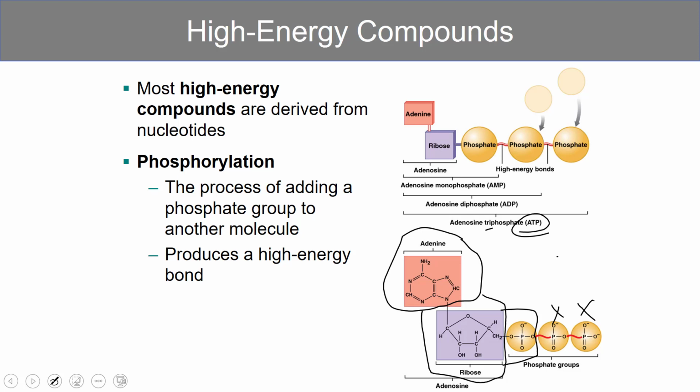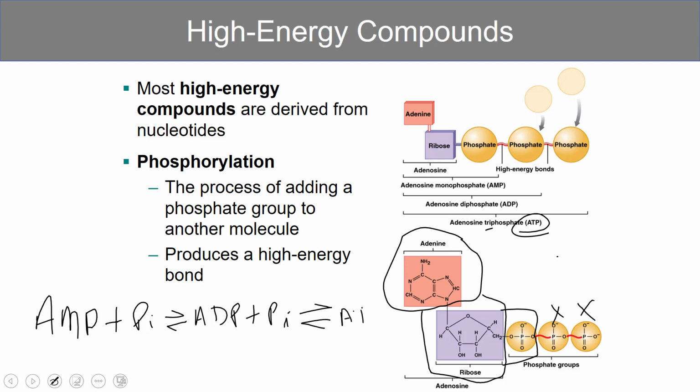So basically, AMP, adenosine monophosphate, plus Pi, inorganic phosphate, yields ADP, adenosine diphosphate, and if you add another inorganic phosphate to that, you generate ATP.